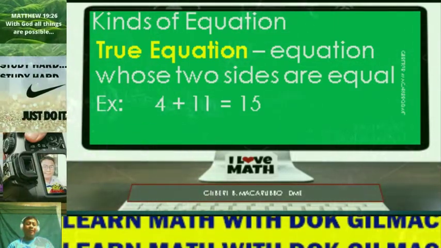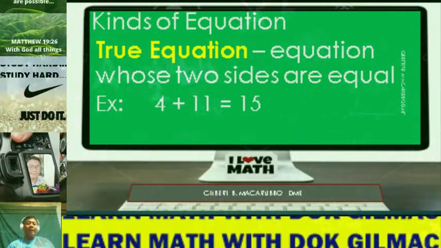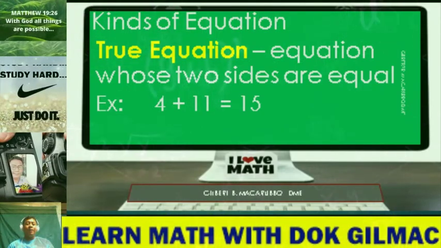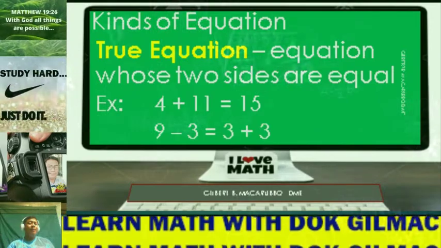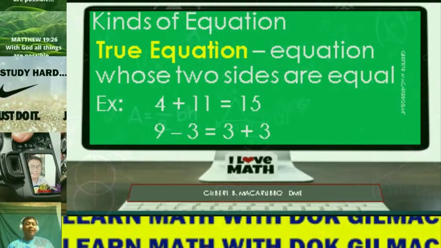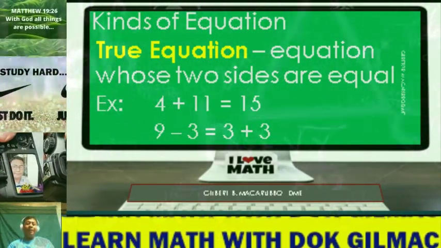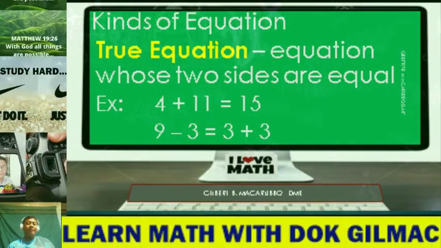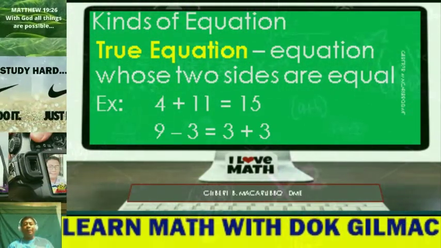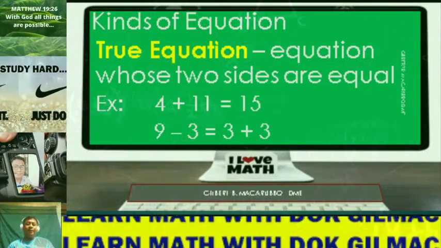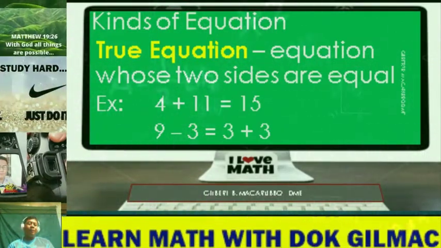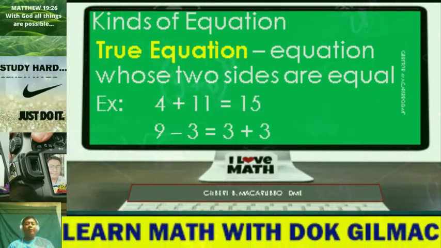You can see the left side is equal to the right side of the equation. 9 minus 3 is equal to 3 plus 3. Again, the left side of the equation is equal to the right side of the equation. So these two equations here are all examples of a true equation.